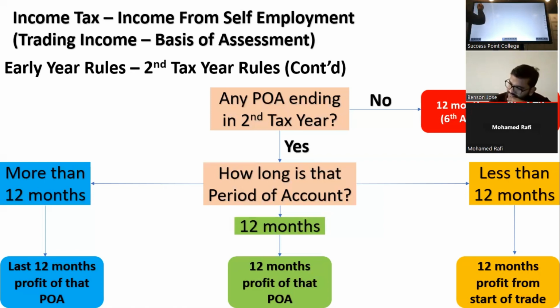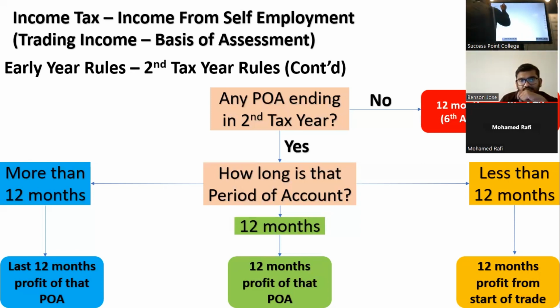Let's suppose if a person starts business on 1st January 19 and he decides to prepare first set of accounts on 30th June 20. Instead of preparing account for 6 months, he decides to go for 18 months account.